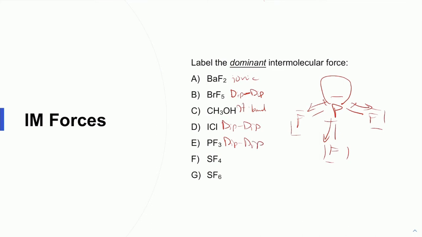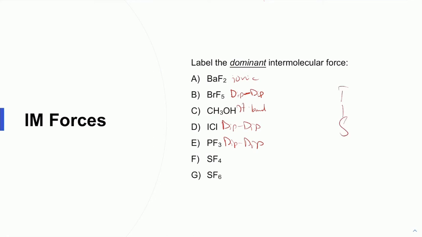Okay, SF4. If I draw SF4, what you should get is sulfur in the middle. Okay, it can expand its octet, so it's going to make these 4 bonds. And you'll actually find out that it has 2 lone pairs on the middle. Now, this is one of the few cases where lone pairs actually make the shape symmetrical because if you remember from, let me go ahead and reshape this a little bit.